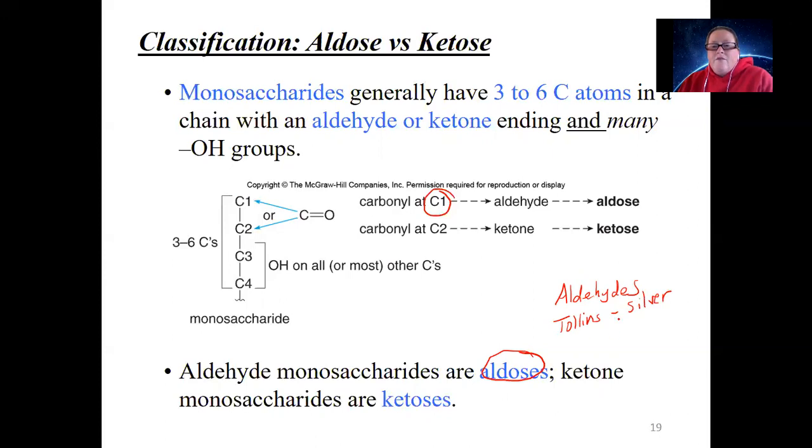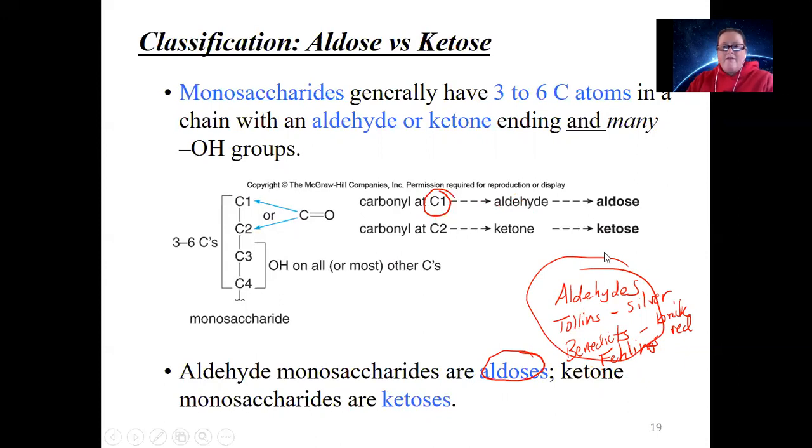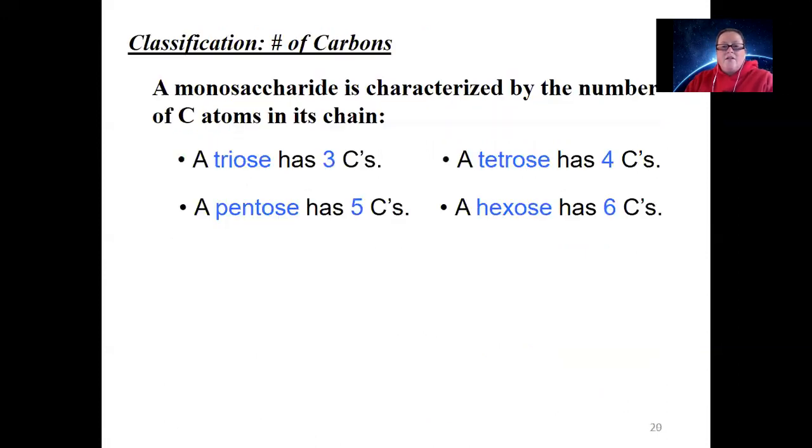When the aldehyde was put in oxidizing conditions, it turned silver. And then there was the Benedict's and the Fehling's, which both were a blue solution, and they turned a brick red color. So the fact that carbohydrates are either aldehydes or ketones plays a role in us being able to utilize these tests for confirmation of their existence, whether we have an aldose or not.